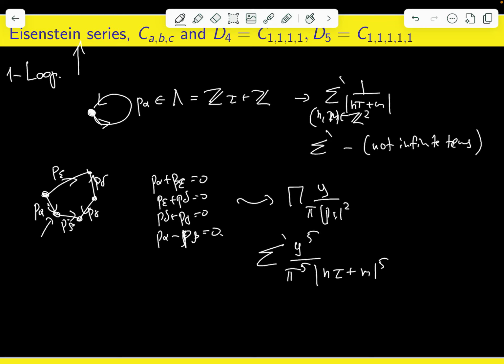Again, you write prime, which means that you don't include the summand which is 0, so you avoid 0. Now it's a well-defined function called the non-holomorphic Eisenstein function, or series. It's called E5.